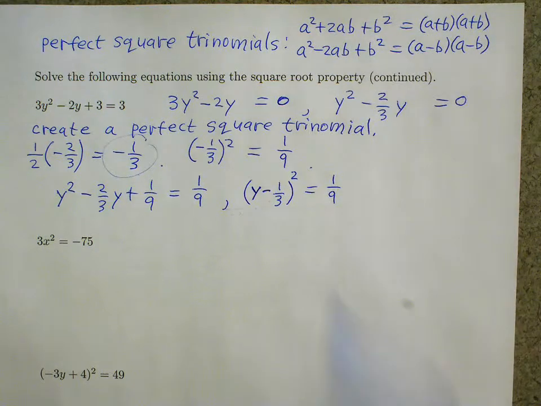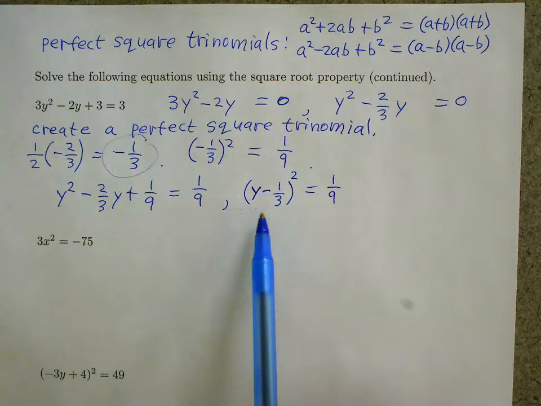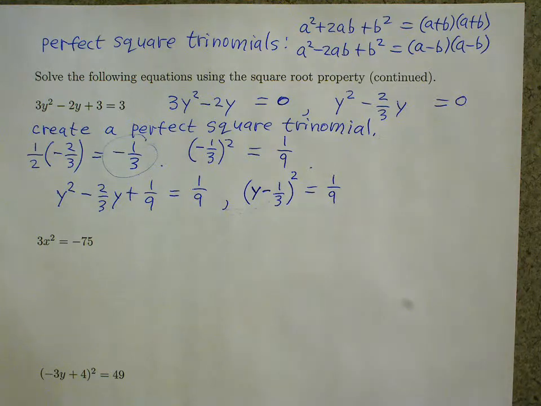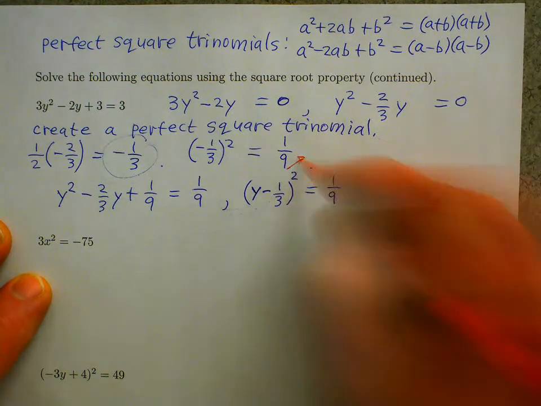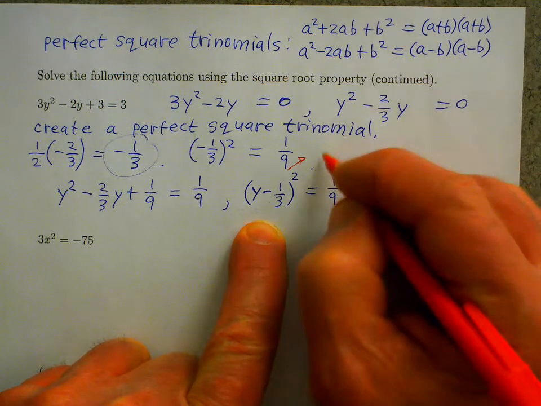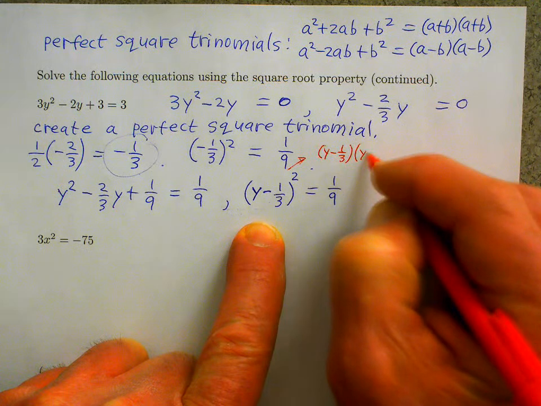And you can verify that this is correct if you square the binomial y minus 1/3. So why don't we do that? Verify this. If you square y minus 1/3, that means y minus 1/3 times y minus 1/3.